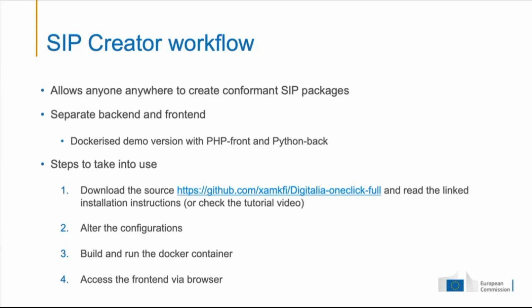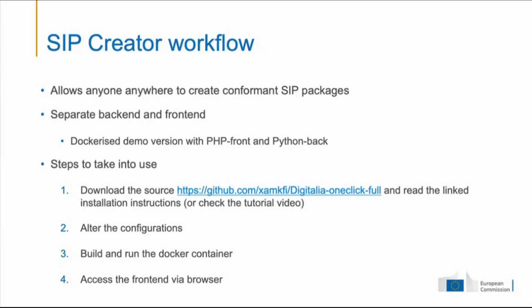Taking this into use is quite simple. I think the biggest thing is to install Docker and make this thing run on it. But there are quite good instructions behind this link that you can see here. There are text-based instructions, and there are also video tutorials on how this should be used.